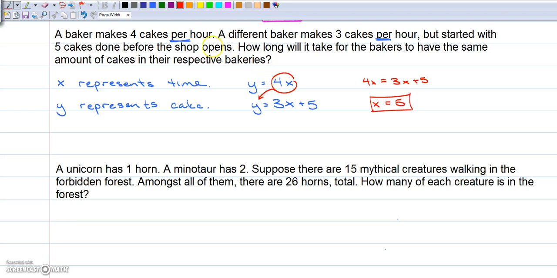Two variables, x and y, are used to create two equations. If I wanted to extend this thing and ask you how many cakes are there going to be, you would plug your 5 in and just say 20. After 5 hours, both of these bakeries are going to have 20 cakes.